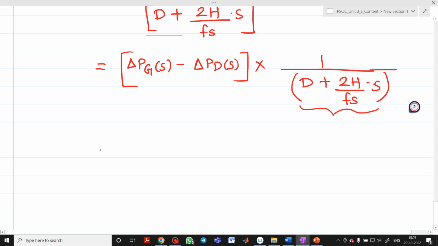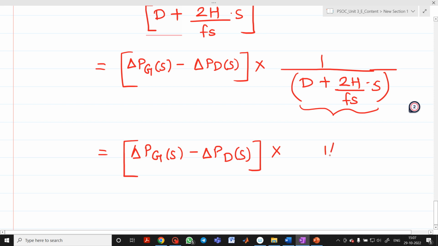So what will I get? I will get delta Pg of S minus delta Pd of S, multiplied and divided by d. So how can you write it? I write it like this: it is 1 upon d, whole divided by 1 plus, because we are going to divide this term, or anyway you can consider the total term also.